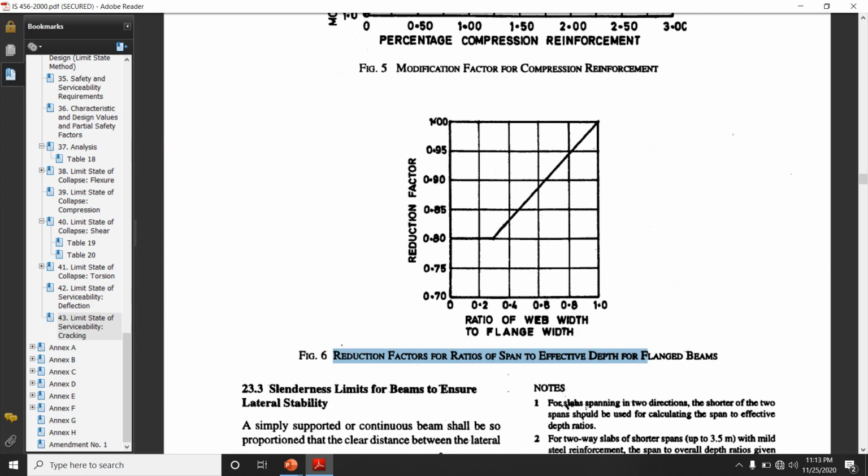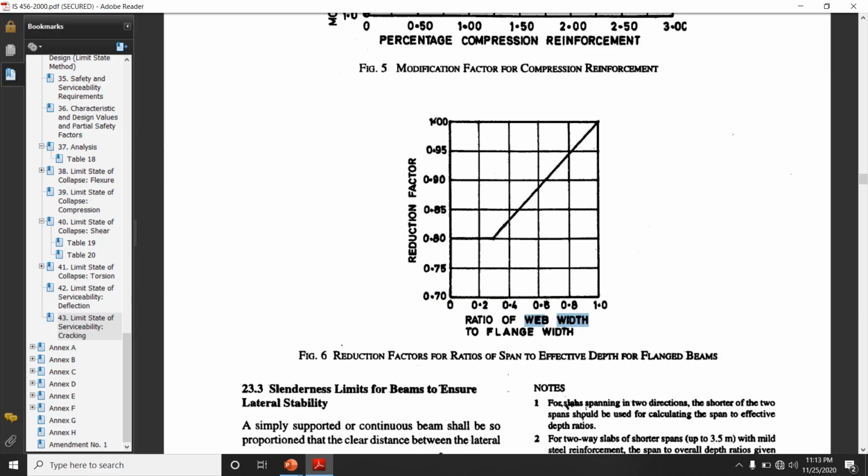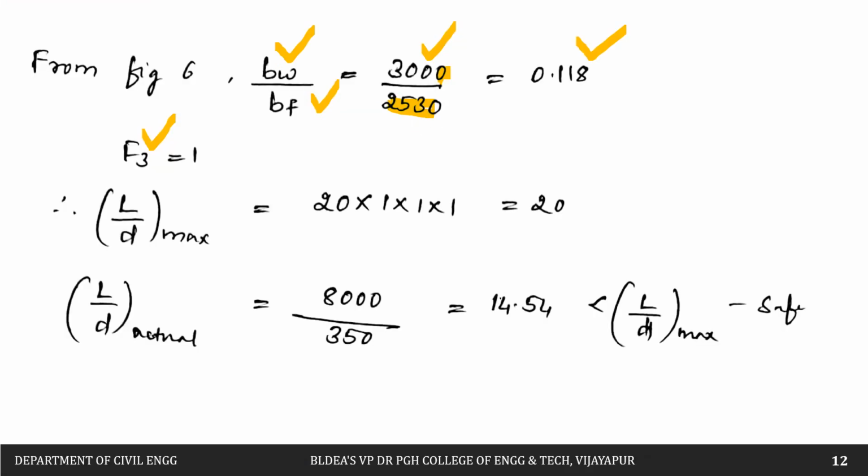So for that we have to calculate the ratio of web width to the flange width. Web width is 300, this is not 3000, this is 300 divided by bf is equal to 2530. So therefore this will be equal to 0.118. So here 0.118 means somewhere here it will come, and if you go to the top it will be nearly equal to 1 itself. So therefore F3 will be equal to 1.